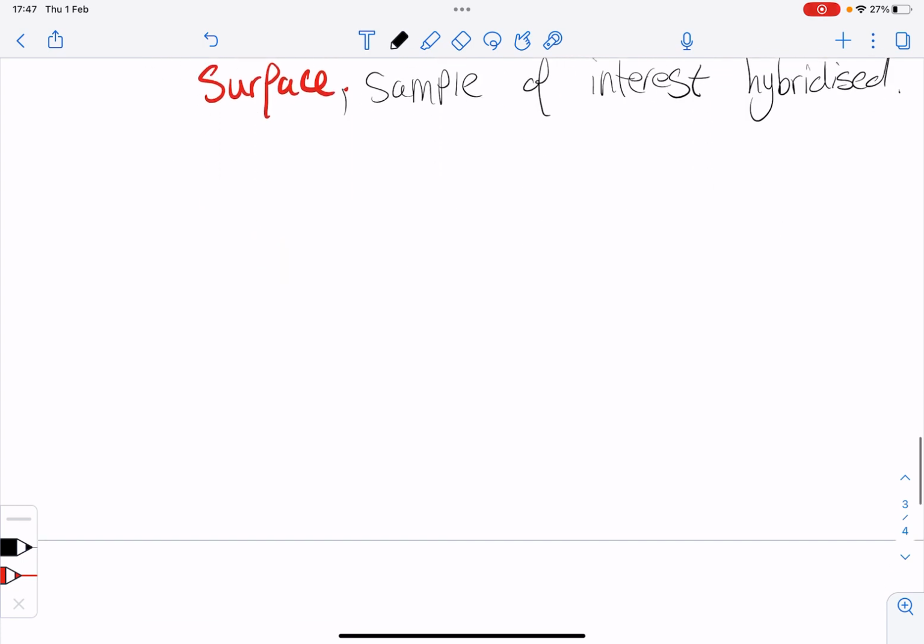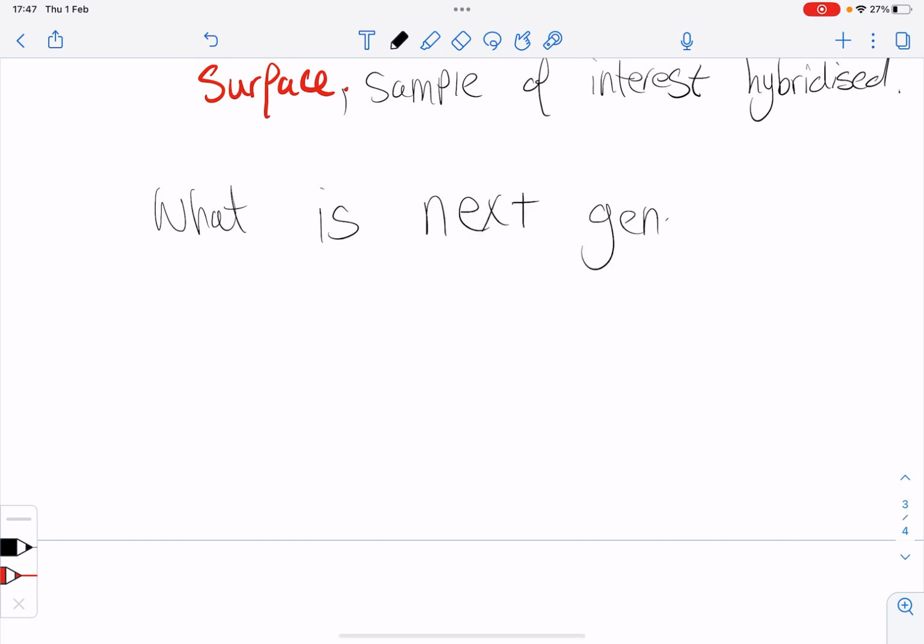And lastly, what is next generation sequencing? We'll go into further detail of both of these techniques later on, but this is just a brief understanding of what these techniques do.